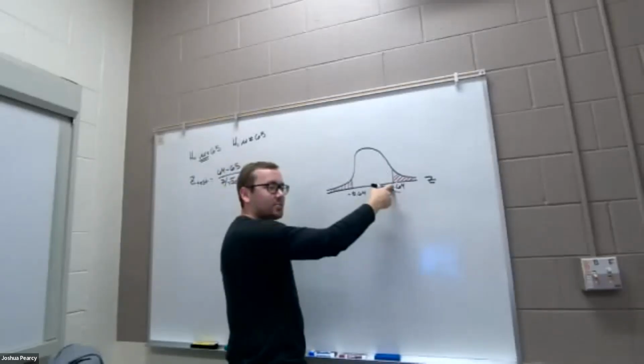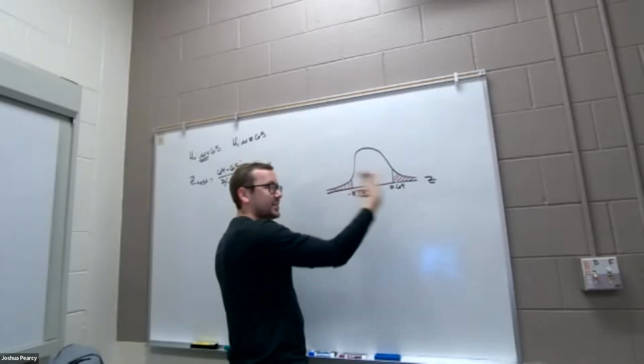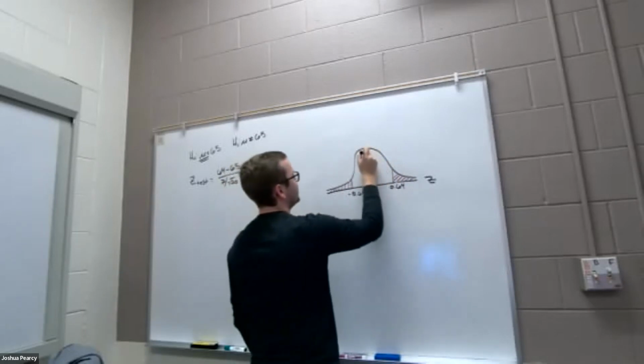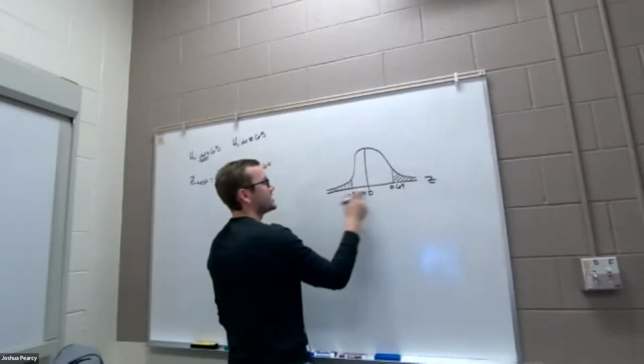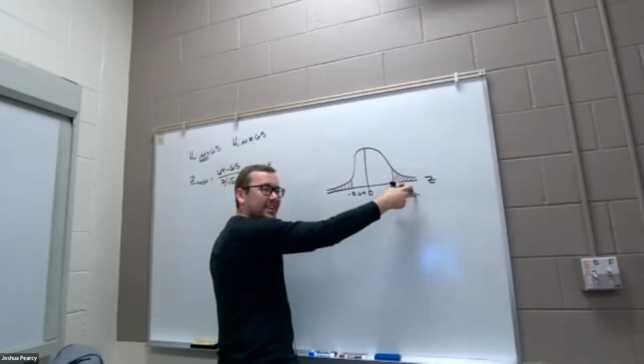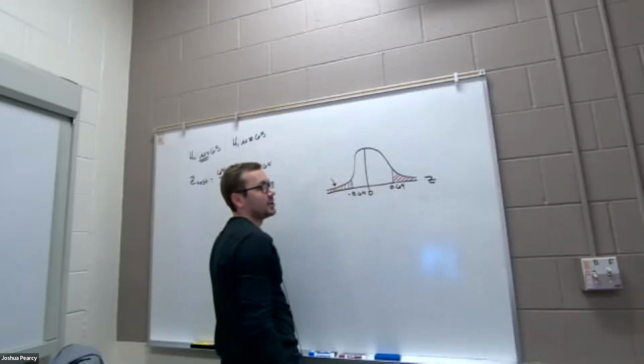Since these are the same number of standard deviations away from the mean, an equal amount of probability is going to be distributed on this side as this side, because the standard normal distribution is symmetric about 0. Then the easiest way to do it, since these have equal probability in both of them, find the probability in this tail here and multiply it by 2.